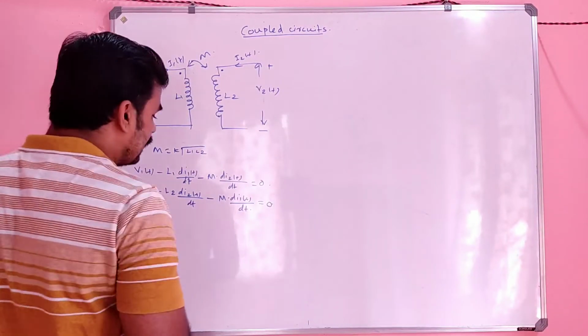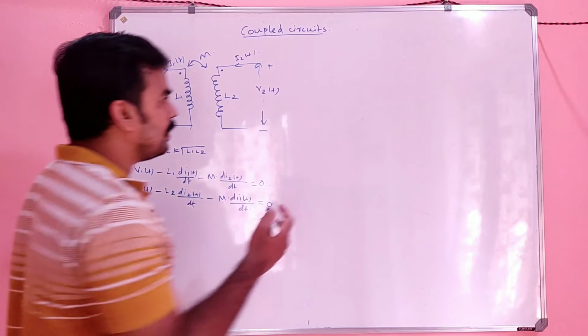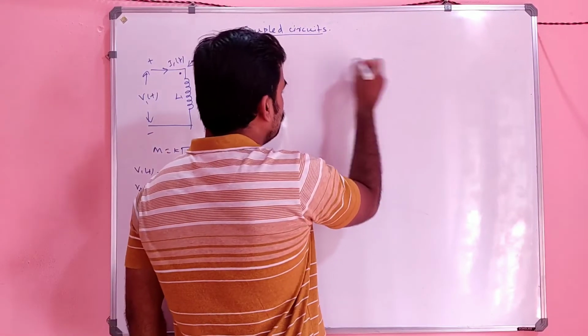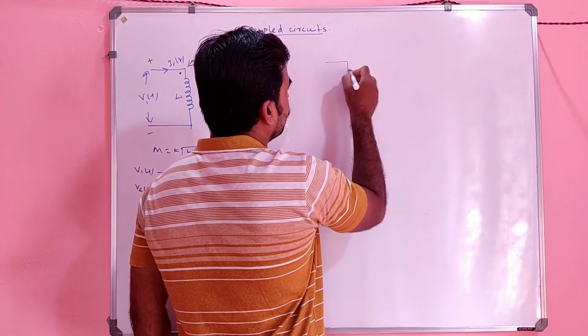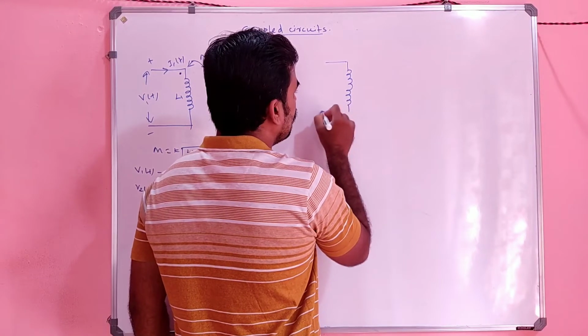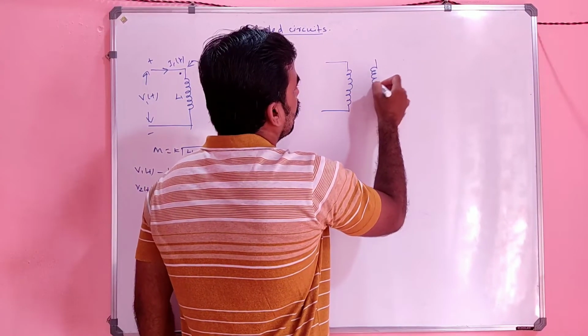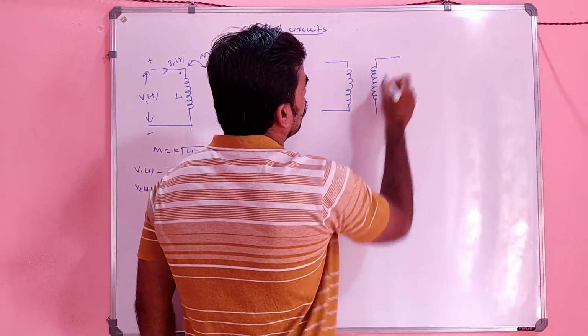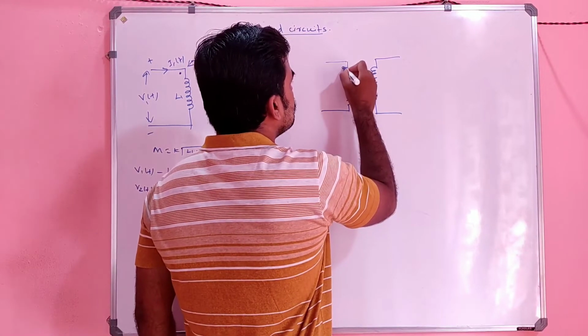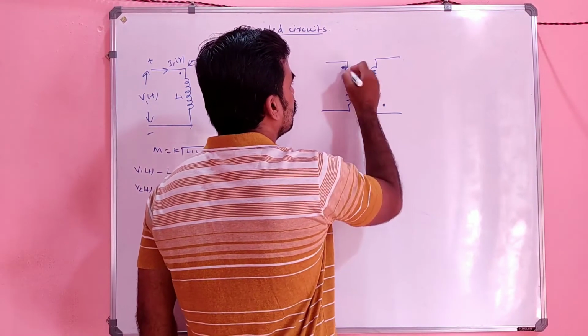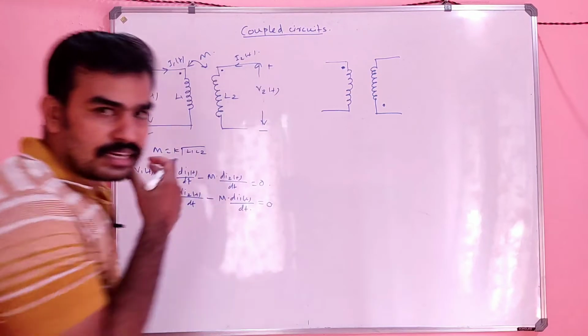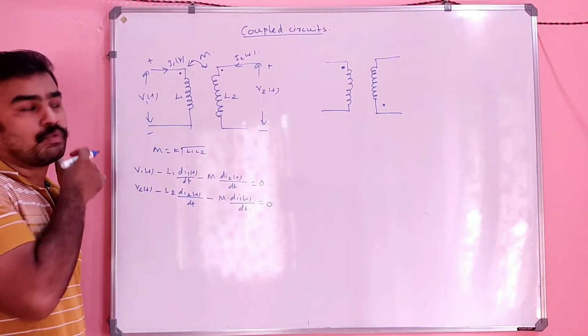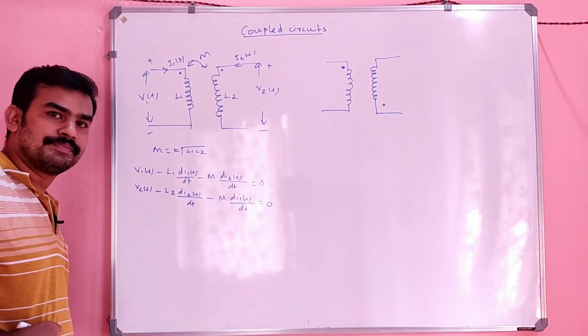And if some other circuit is given to you, in which, suppose, this is the dot here and this is the dot here, then what will be the change in this equation?